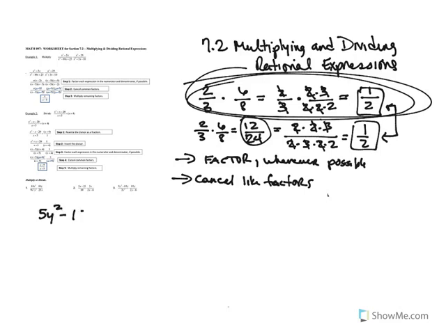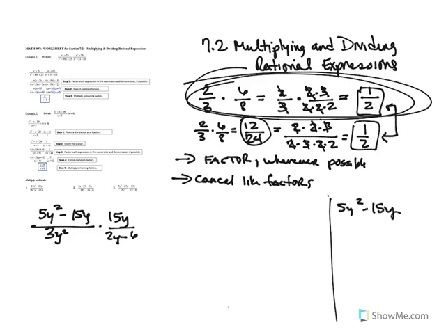5y squared minus 15. All right, so remember we're multiplying. So we're going to break down everything. So 5y squared minus 15y. So I'm going to factor that as a GCF 5y. So y minus 3.